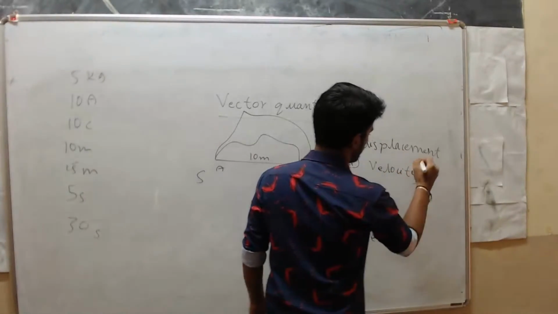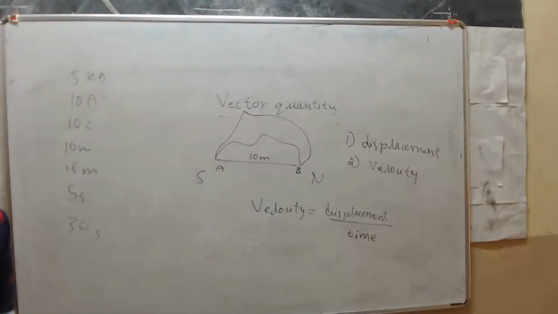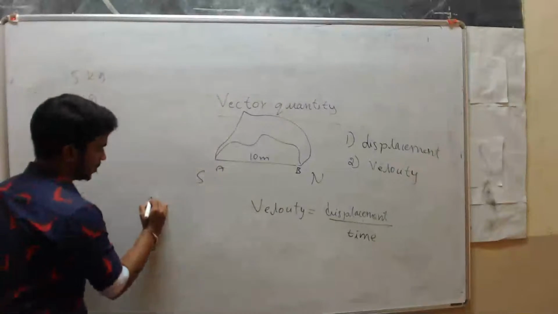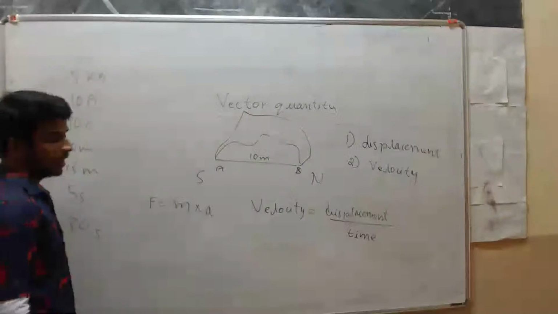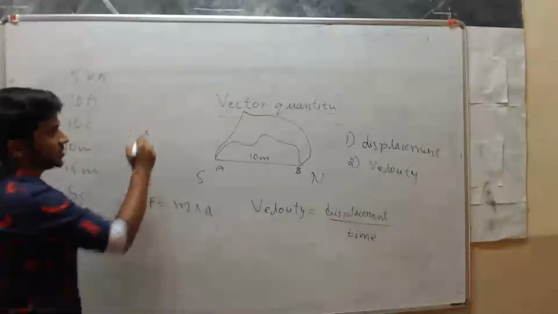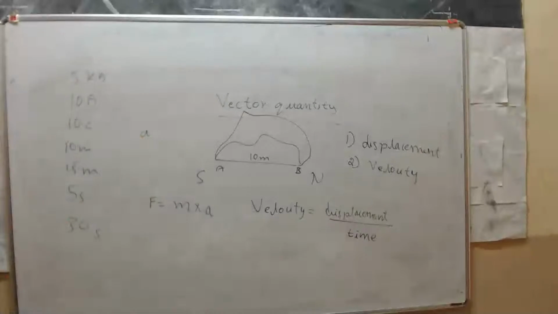Then other examples for vector quantity. Yes, force is also an example for vector quantity. Why? Because see here, we know the formula. Force is equal to mass into acceleration, right? Okay. And tell me whether acceleration is an example for scalar or vector.